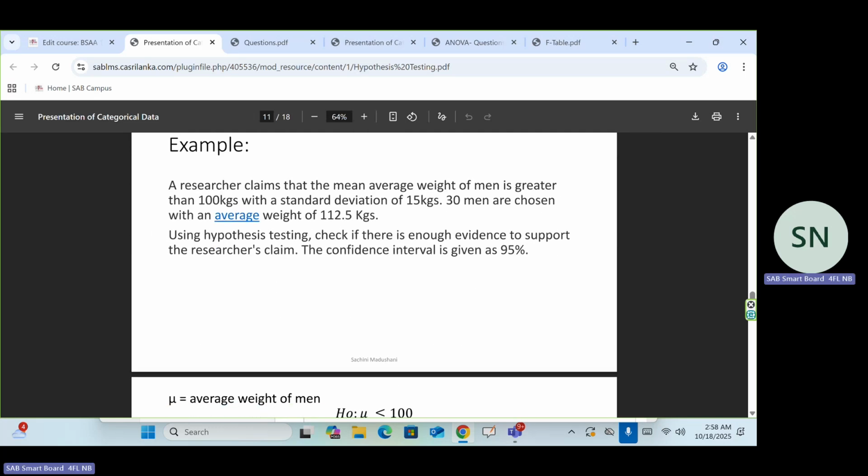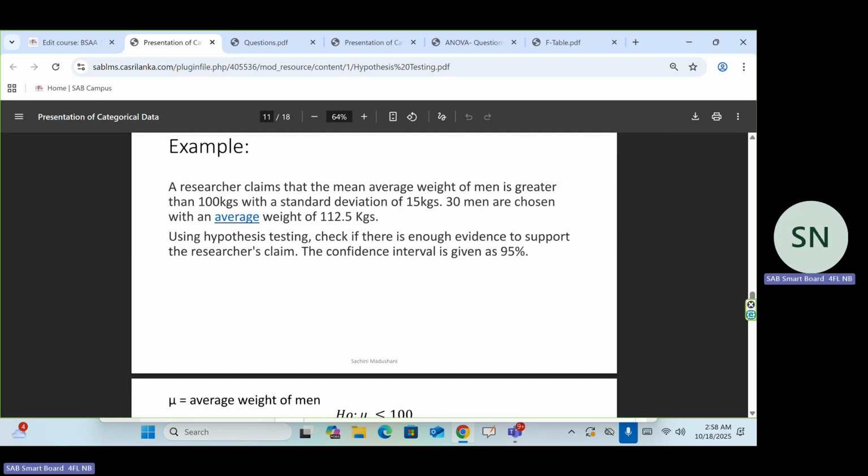Then here, first read this example. Through the example, I will explain how to do the hypothesis testing. Okay, first read this example.